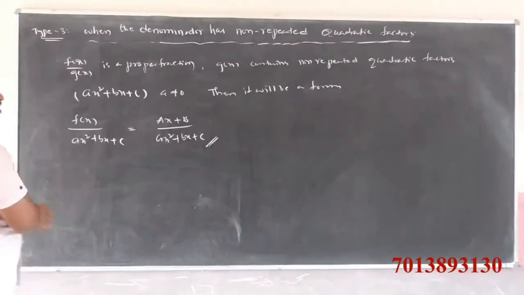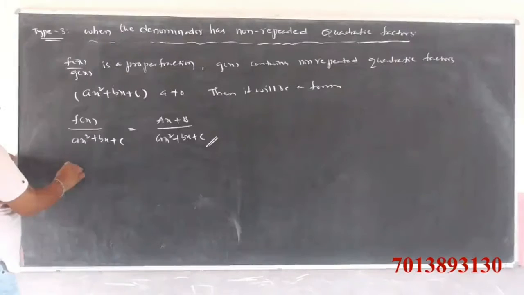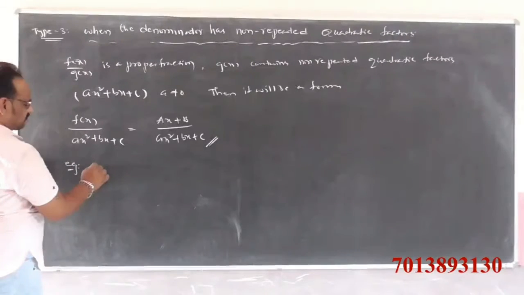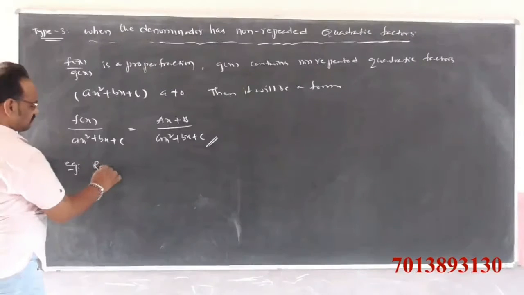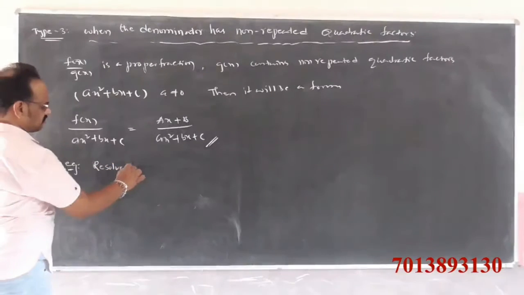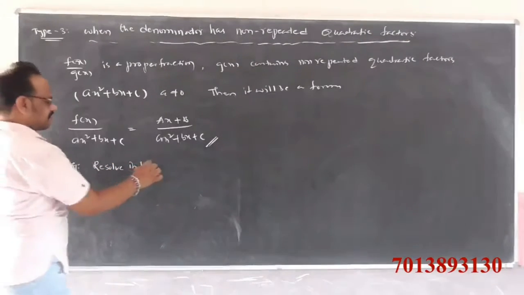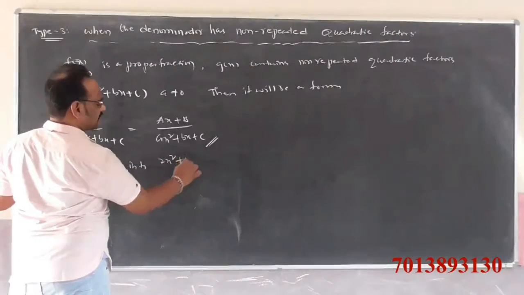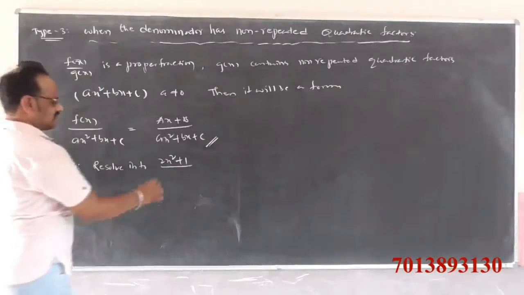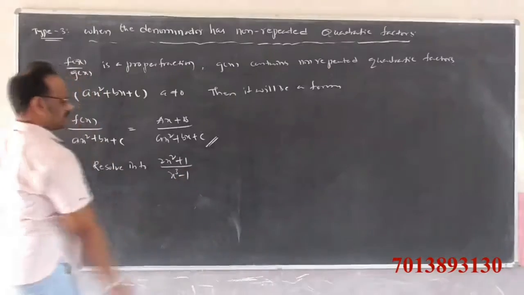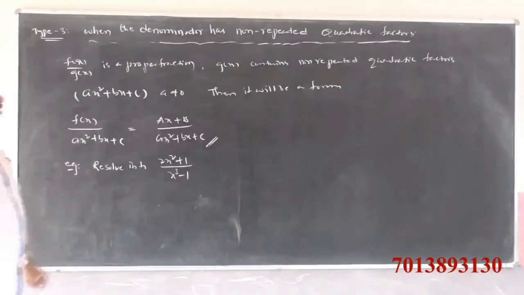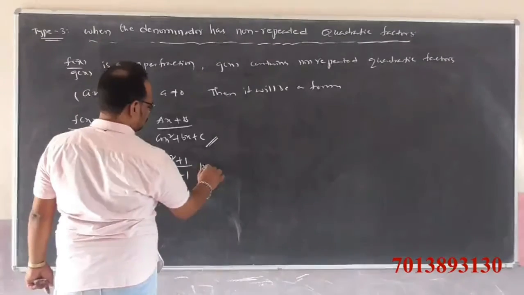For example, if you take an example like this: resolve into partial fractions 2x square plus 1 by x cube minus 1.